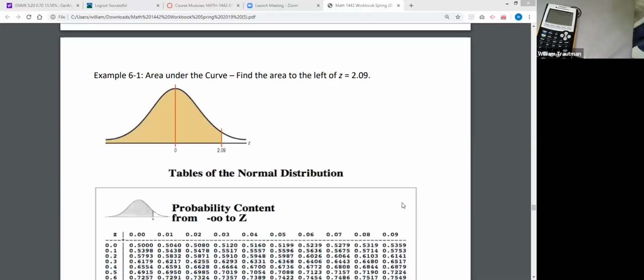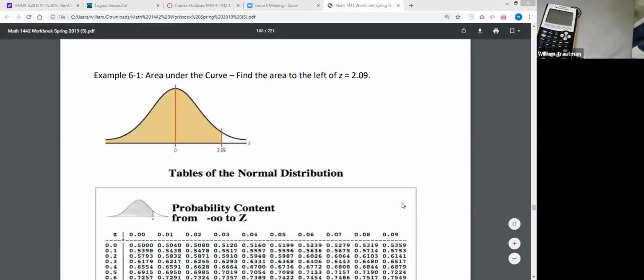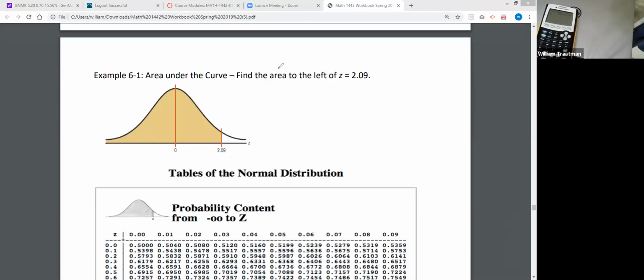So the portion that's shaded in, and by the way, the percent shaded in, use decimal numbers, not percent. And you always round it to 4 decimal places. So the percent shaded in always goes to 4 decimal places.